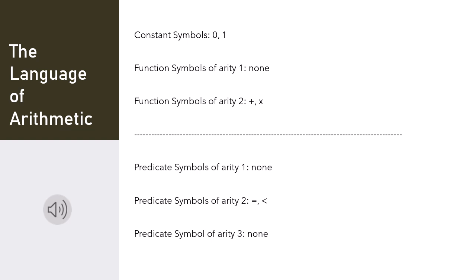In our system, we'll have no predicate symbols of arity 1 or arity 3 or above, but we will have binary predicate symbols, or symbols of arity 2. There's always the equality sign, and then in this case, with the language of arithmetic, we also have the less than relation. So again, you put two complex terms, or just regular terms, one on the left and one on the right of these symbols, and you obtain an atomic sentence.